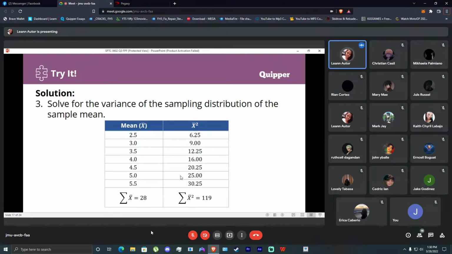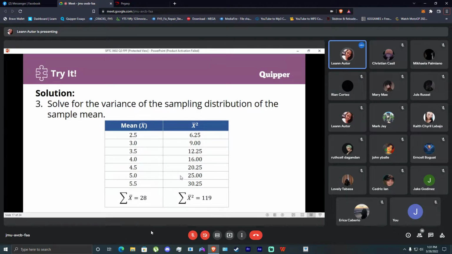How many means do we have? 2, 4, 6, 7, 8. 8, ma'am. How many, Christian? 2, 4, 6, 7, only 7. Okay, so we have 7, over 7.